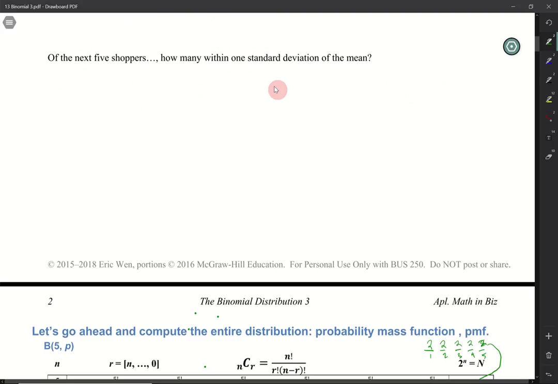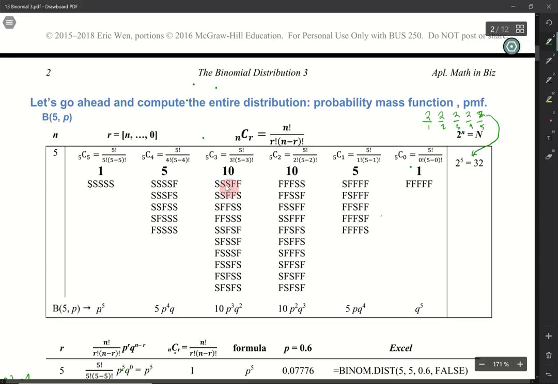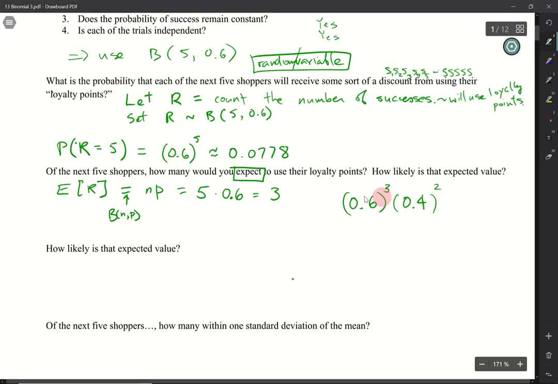So we don't care if it's the first 3 or the first one and the 4th and 5th. We don't care how you get the 3. We just care that of the 5, 3 are success and 2 are failure. We don't care of the order within that group, right?